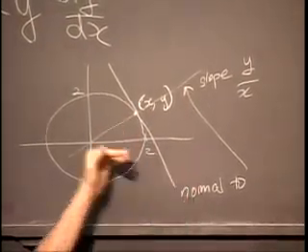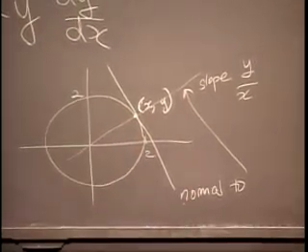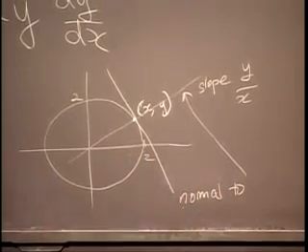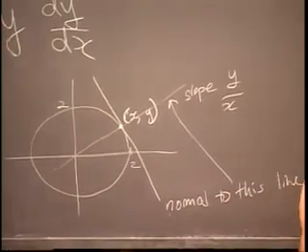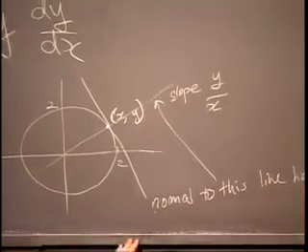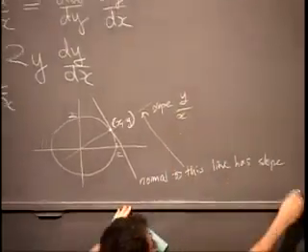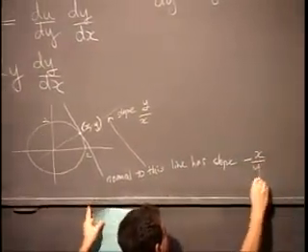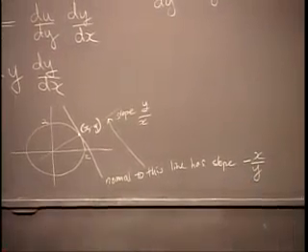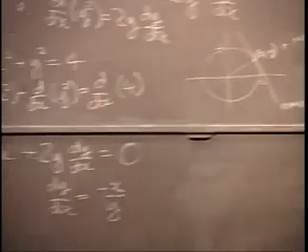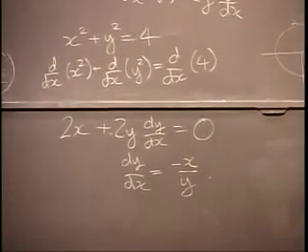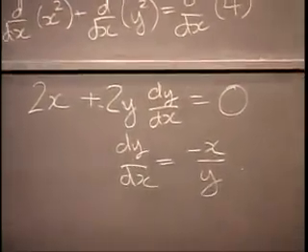Because the tangent is perpendicular to the radius. That's simple geometry. And we know the normal to this line has a slope which is the negative reciprocal of the original one, minus x over y. So actually, we already knew the answer that we got, namely, the slope is minus x over y.